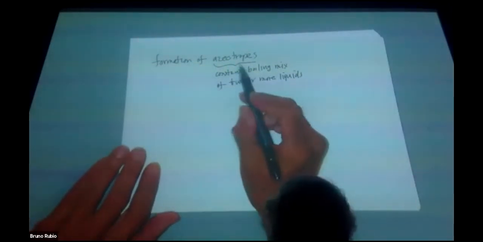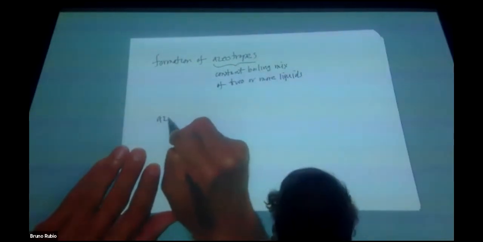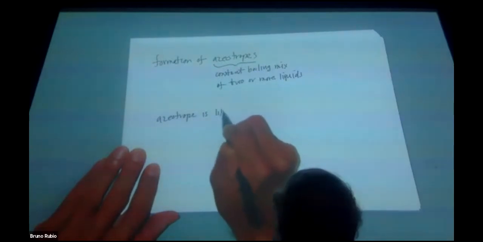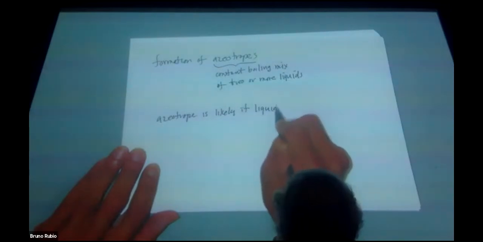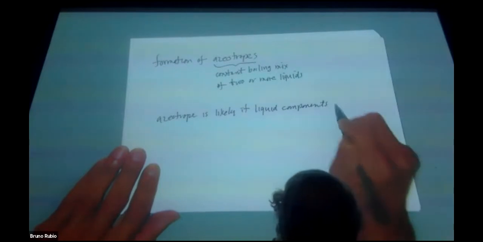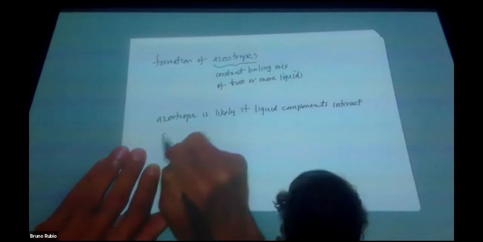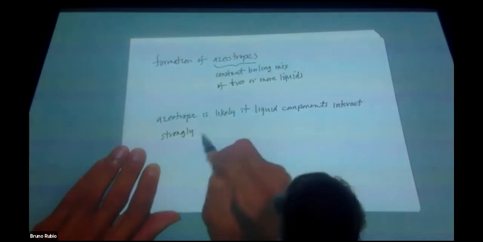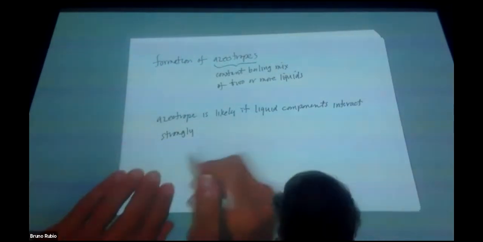And so where can we anticipate this problem? The azeotrope is likely if the liquid components interact strongly. In other words, we have two liquids.